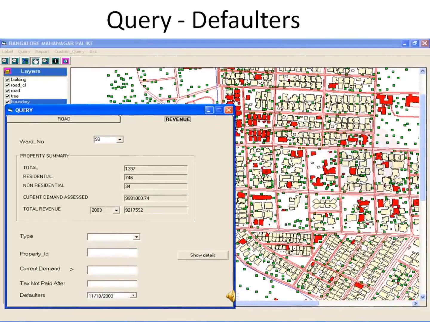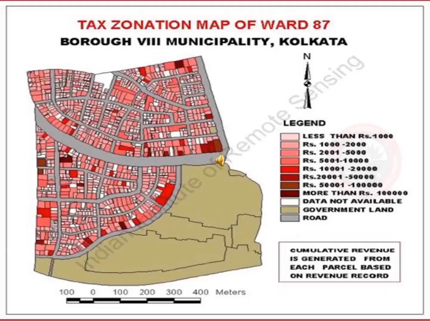GIS maps are very helpful in querying the property tax defaulters just by assigning color codification in the map by GIS software. These details can be extracted very easily to take action against the tax defaulters. Also, it is possible to update the attribute information whenever required by the authorized persons.